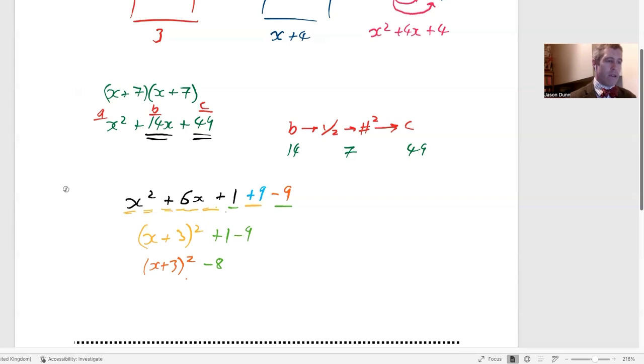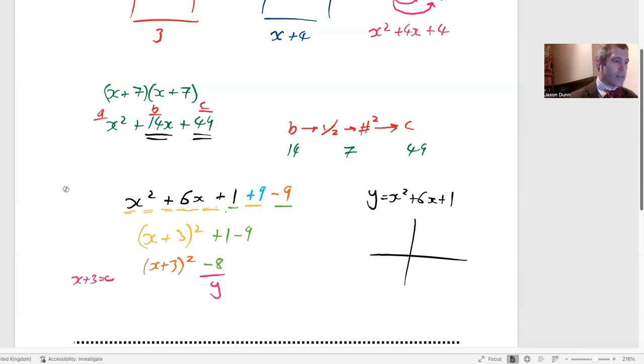Okay? You might say, what's the point in doing this whole thing? Well, it just so happens that we can use this to work out the turning point. So if I were to have the graph y equals x squared plus 6x plus 1, right? It just so happens that the number at the end is my y coordinate, and for my x coordinate, the bracket is equal to 0.